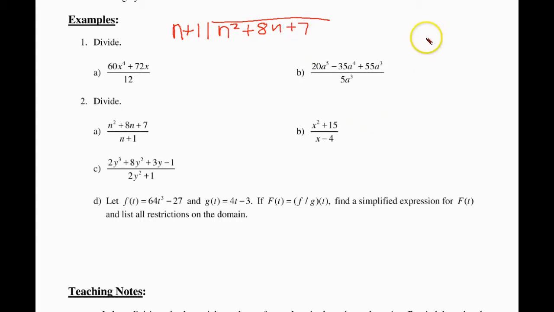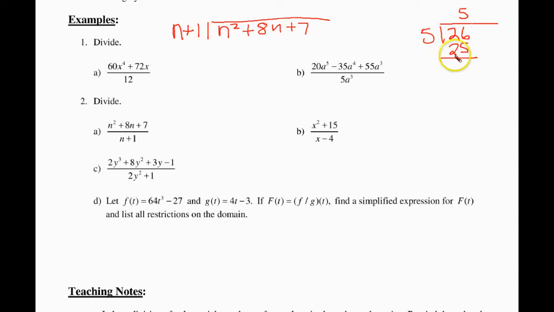Now a little background on this would be if I were to divide, let's say 5 into 26, just make it simple. We would say, how many times does 5 go into that? Well, we say 5 times. We then go 5 times 5 is 25.